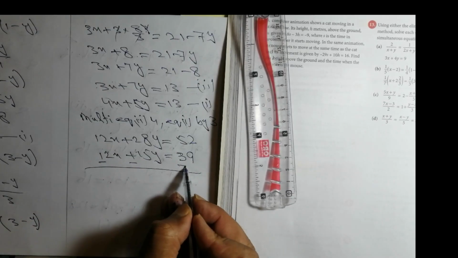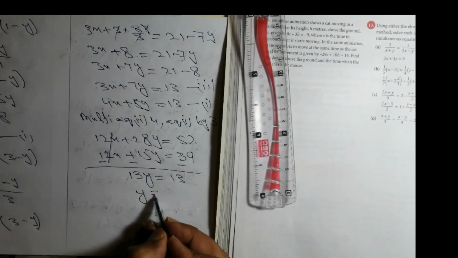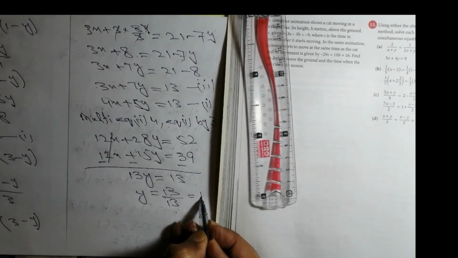We have to change all the signs. Cancel 12 minus 12 is 0, and this will be 28 minus 15, this is 13y, and equal to 13, and y equals 13 by 13 equals 1. Value of y is 1.